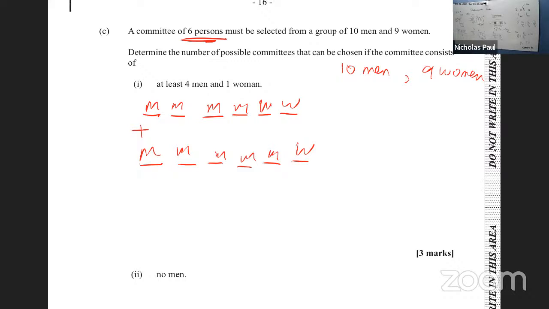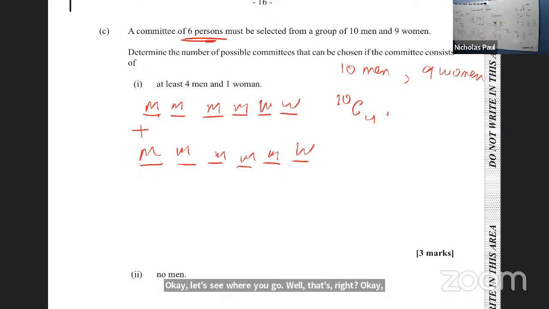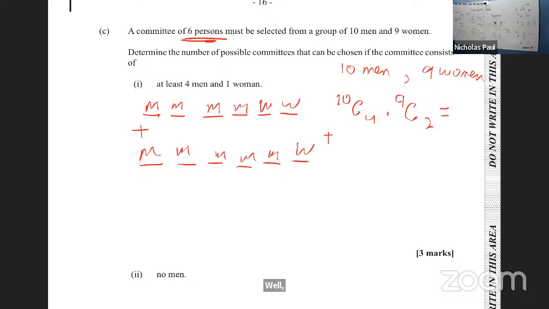Right, let's see what you get. So that'll be 10C4 multiplied by 9C2. Does the order matter? It doesn't matter, right? Then you're adding that to 10C5 multiplied by 9C1. When you add, you'll get a total.